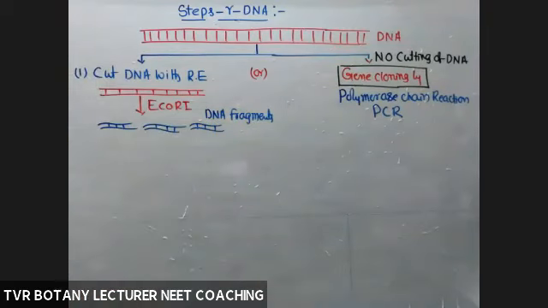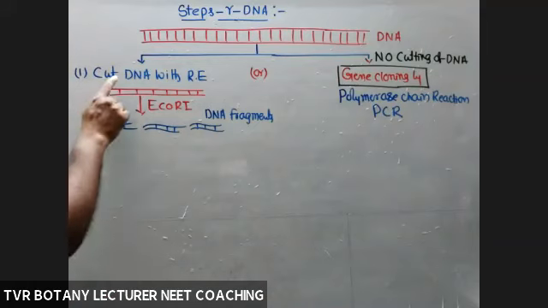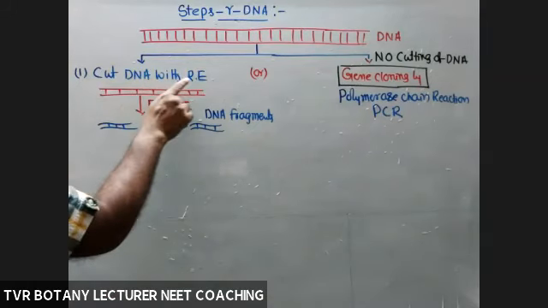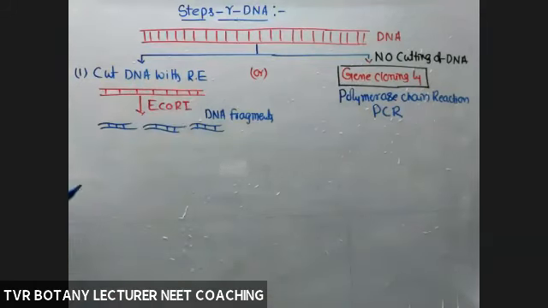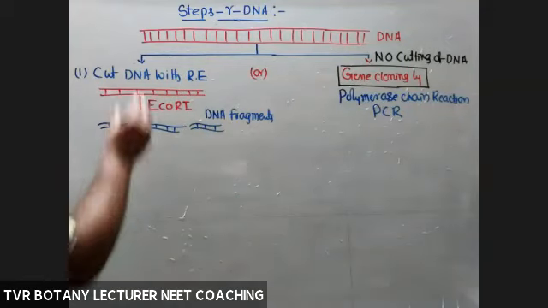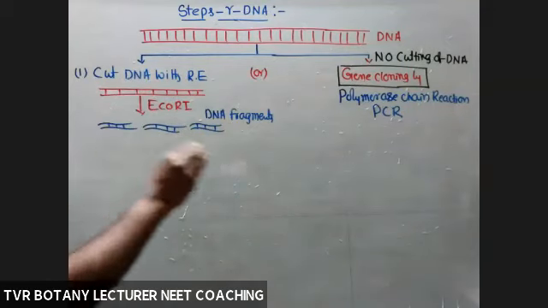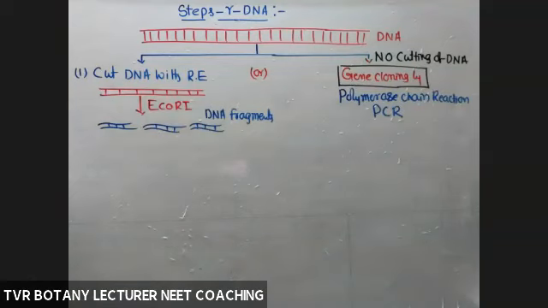One can execute cutting of DNA by restriction enzymes within the gel electrophoresis. Take a certain number of DNA molecules, introduce them into gel electrophoresis, and add EcoRI.